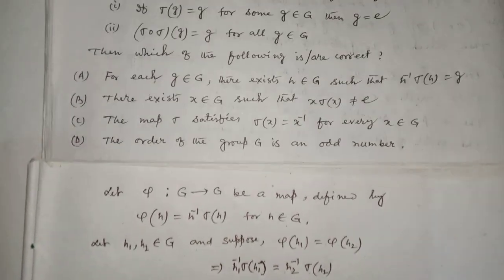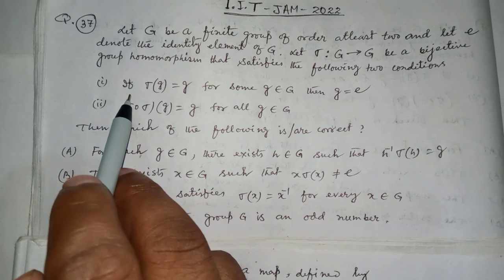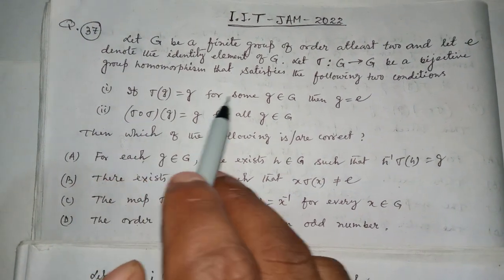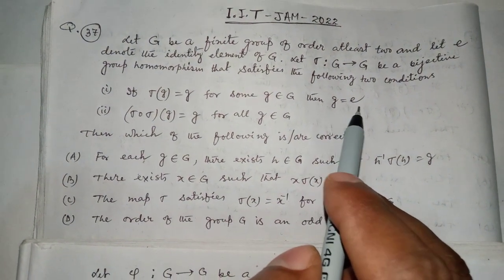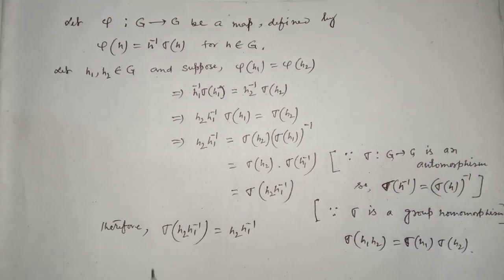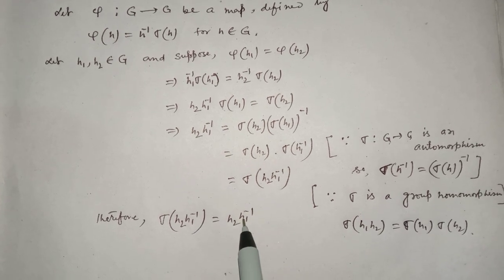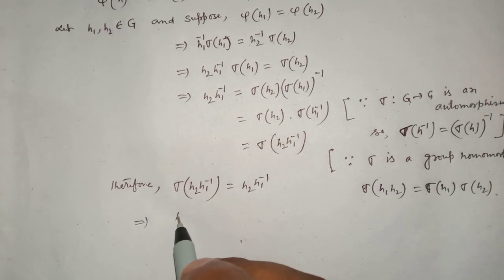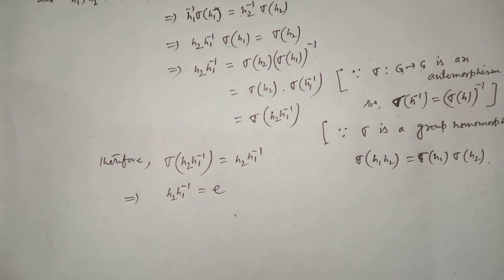From condition 1, it is said that if sigma(g) is equal to g for some g belongs to G, then g is equal to identity. Here we see that sigma(h2 h1 inverse) is equal to h2 h1 inverse, implies h2 h1 inverse is equal to identity.